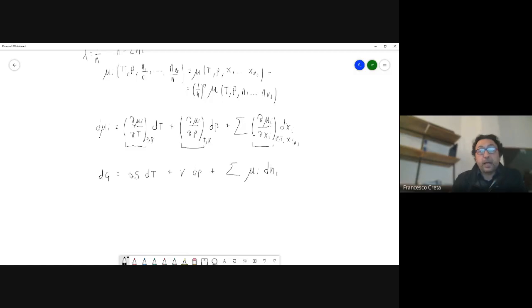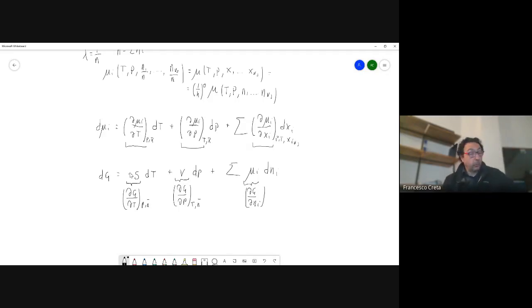That's how we expressed the Gibbs energy, where clearly this minus s, the entropy with the minus sign, was nothing else but dg by dt at constant pressure and number of moles. This is simply dg by dp, at constant temperature and number of moles, et cetera. And this is by definition dg by dni.